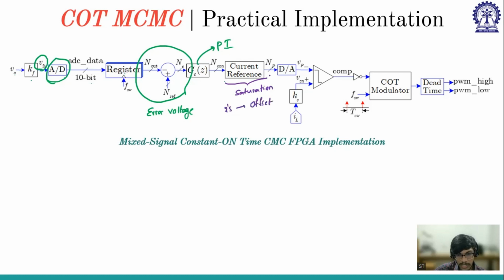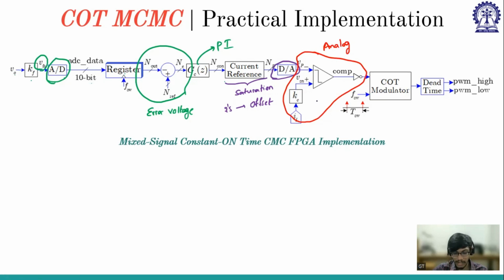Now this reference is generated and passed through the DAC, which will give analog. Now these parts are in the analog domain. So all these parts are in the analog domain. It is being compared, and then after being compared, it goes to the modulator because the output is the event.